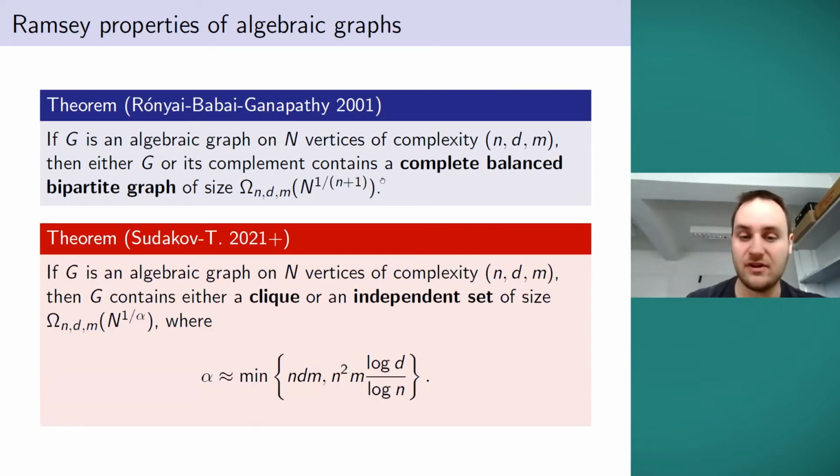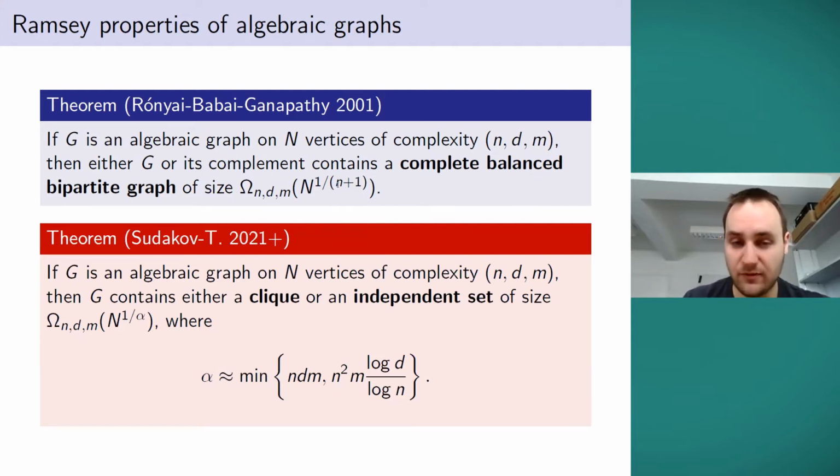So we have an algebraic graph with usual complexity n, d, m, then we can show that G contains either a clique or independent set of size some constant times n to the 1/α, where this alpha has the following dependence on the complexity. So it is the minimum of n times d times m and n squared m log d over log m.